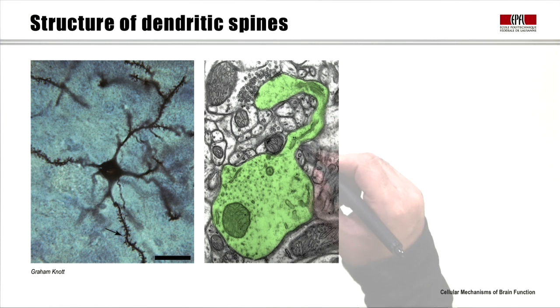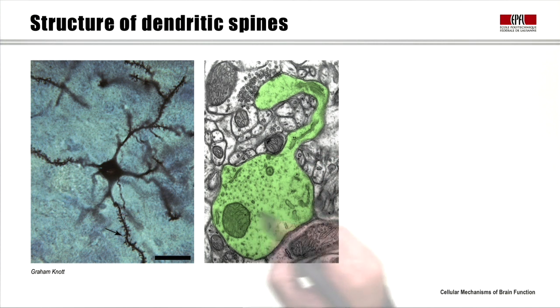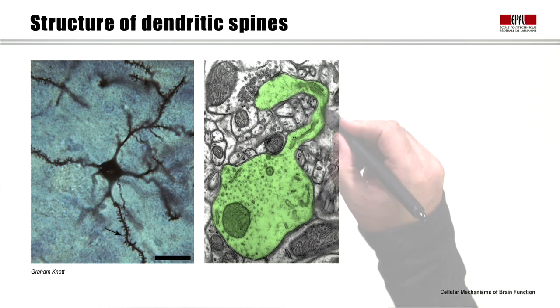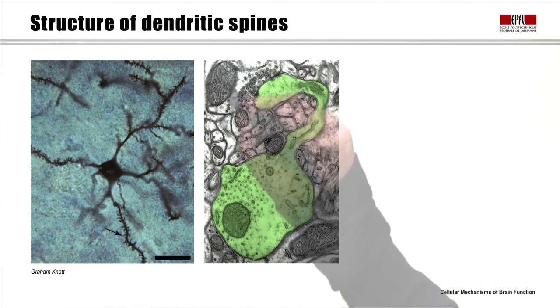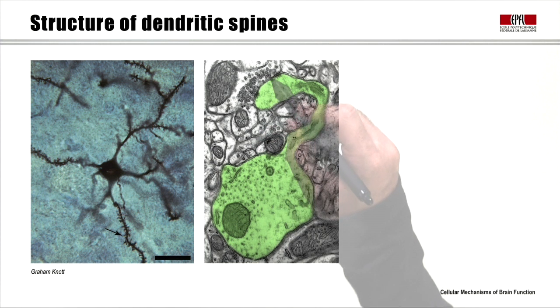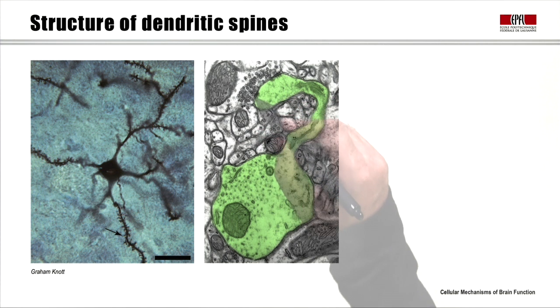That's much narrower. It has a so-called spine neck on the size of around 100 or 200 nanometers, so about a tenth the size of a dendrite, and it might grow for a micron or so, reaching out, and here it contacts a glutamatergic presynaptic specialization filled with synaptic vesicles.